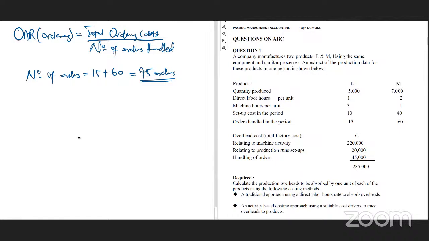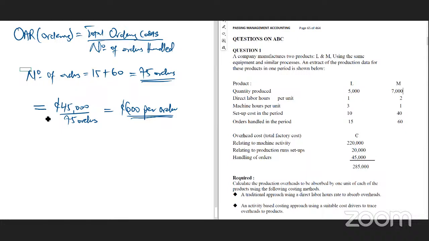So in that case, what's the total ordering cost? 45,000. 45,000 divided by the 75 orders, and that gives us 600. That's 600 CDs per order handled in the period, right?